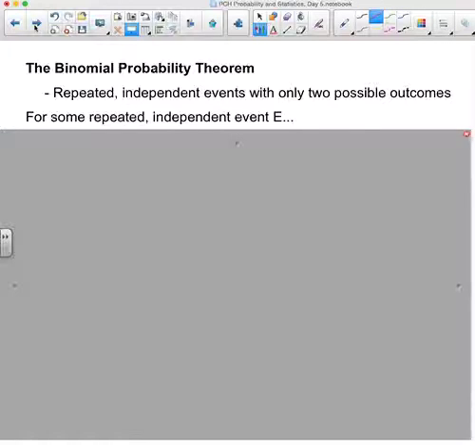Now, that doesn't mean that the situation has to have only 2 outcomes, but when you are considering a problem, you have to look at it in terms of 2 outcomes. For example, if I want the probability that people I picked had a birthday in August, obviously there are 12 months, but I could see that as the probability that they're born in August and the probability that they're not born in August. Okay, so all the other 11 months are just part of that second possibility.